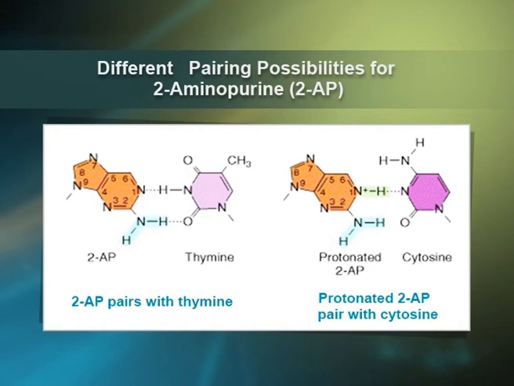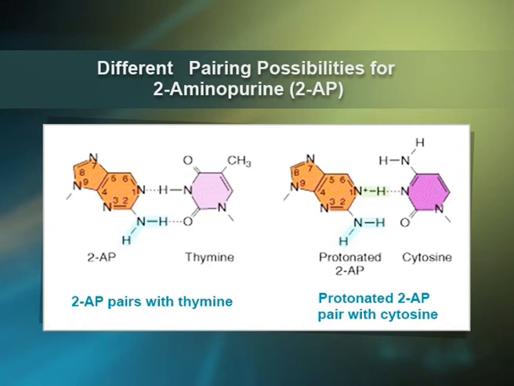2-aminopurine is another base analog widely used in research. It can pair with thymine, but when protonated can also mispair with cytosine as seen in the figure. Therefore, when 2-aminopurine is incorporated into DNA by pairing with thymine, it can generate AT-GC transitions by mispairing with cytosine in subsequent replications.